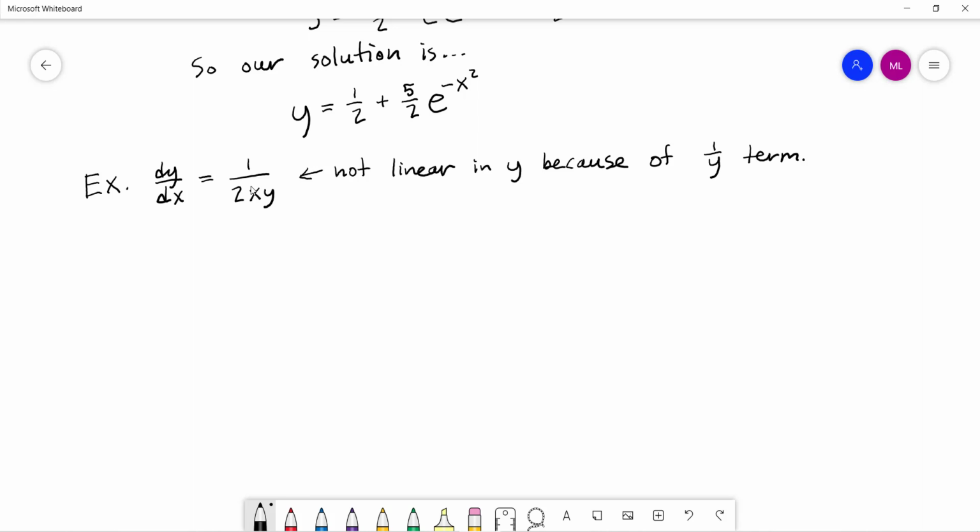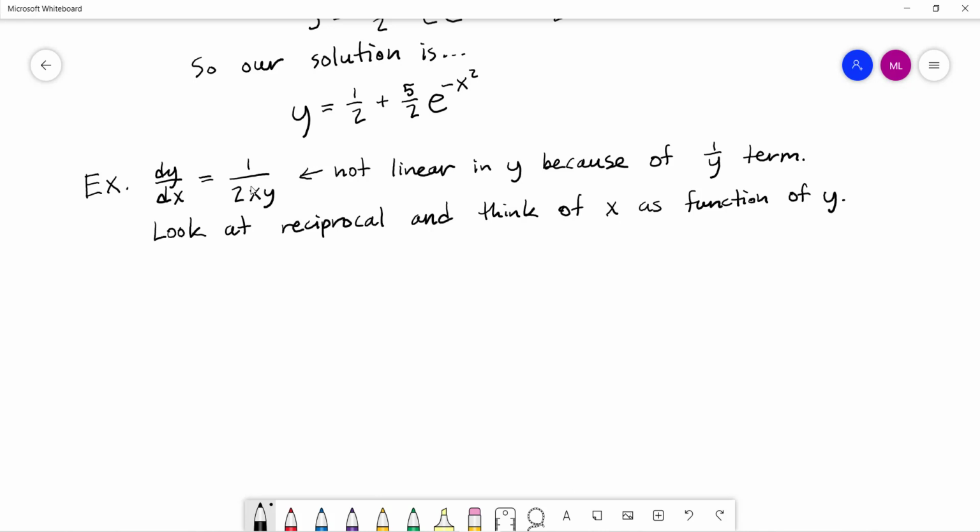But there's absolutely nothing that says we can't think of them in the reverse. So instead, let's look at the reciprocal and think of x as a function of y.